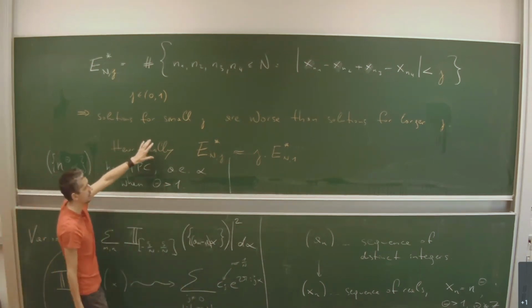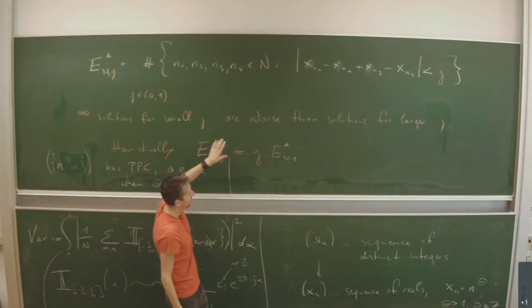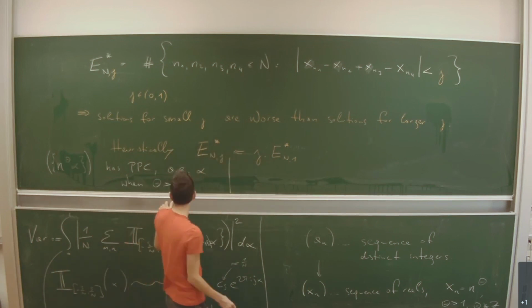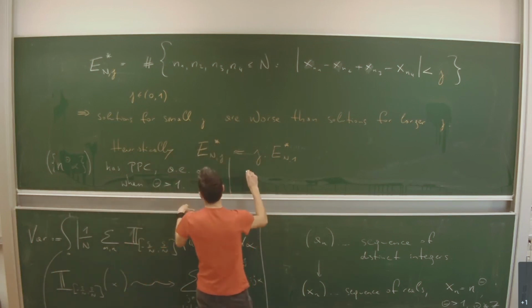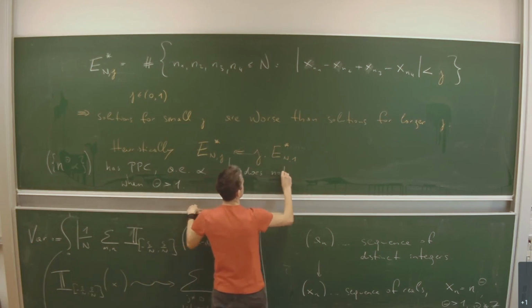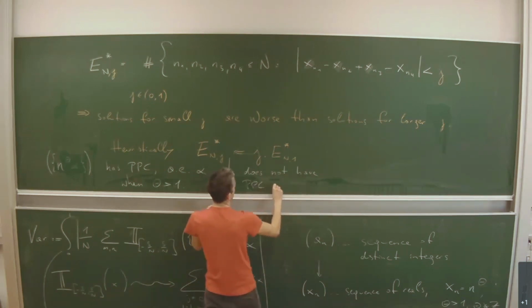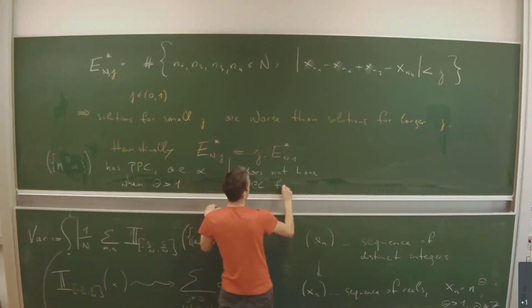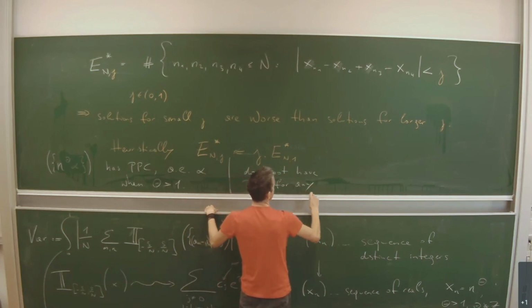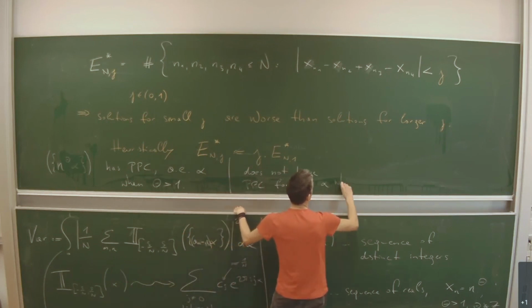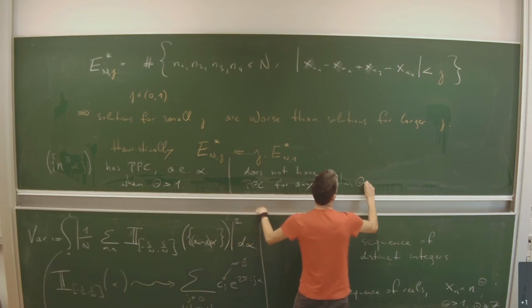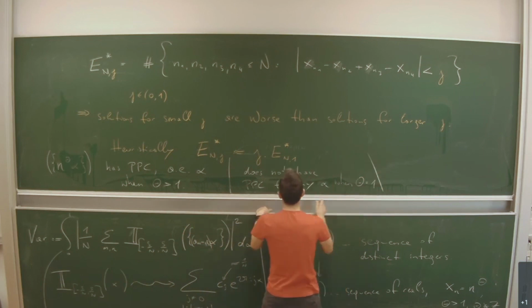This uses exactly this sort of small-scale regularity. Then we know that the same sequence does not have Poissonian pair correlation for any alpha when theta equal 1.